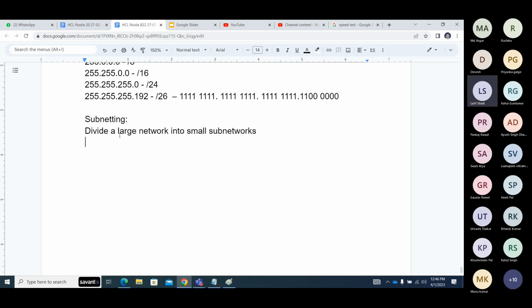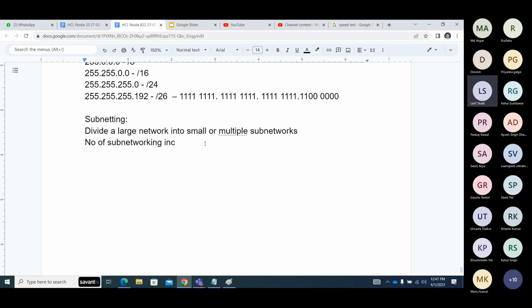So if you divide, the number of networks increases, which means one network is divided into multiple subnetworks.